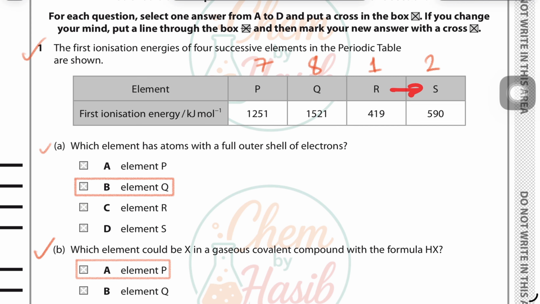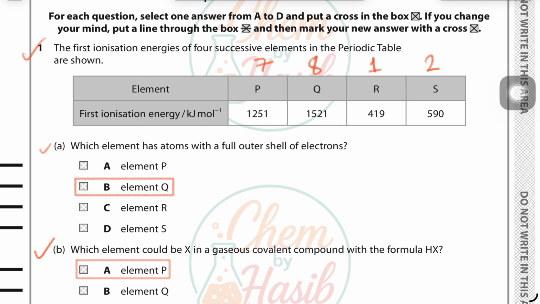And from R to S, since R and S are in the same period, when you move from R to S, the atomic radius also decreases, because along the period the radius decreases. So R is below Q. For example, if Q is in period number 2, R is in period number 3, so period 3 elements will have a larger atomic radius than period 2 elements, because we are moving down from one period to the other.